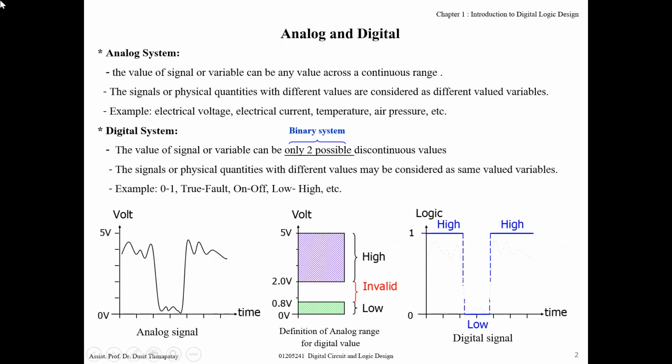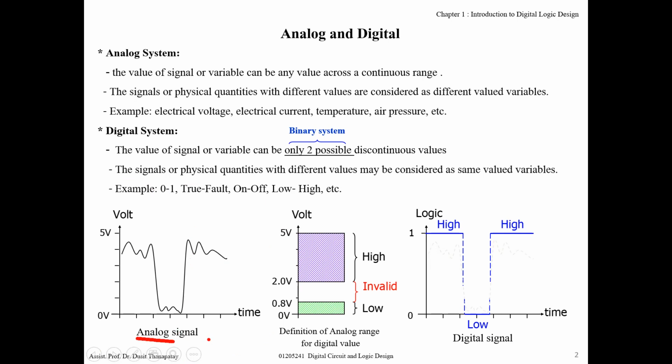Let's compare analog and digital systems. For an analog system, the value of a signal, like voltage, may be in a continuous range. But in a digital system, there are only two possible values, discontinuously. Let's consider this one.